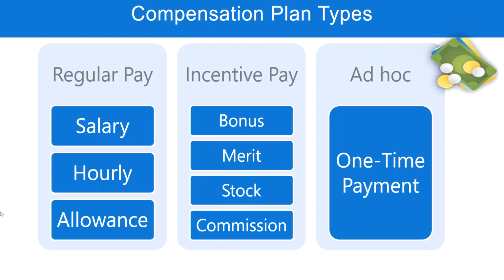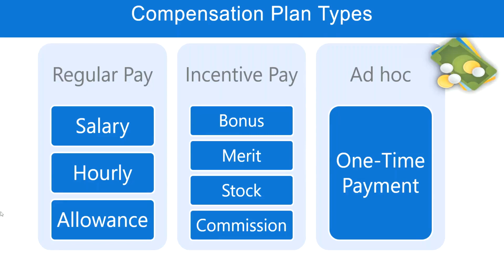What about incentive pay? Incentive pay is not fixed. It will change. It is not paid at every pay period. There is a lot of discretion at the organization level, when to pay, what to pay, how much to pay. So it is not considered as regular, but it is typically given to incentivize or to motivate employees' performance.